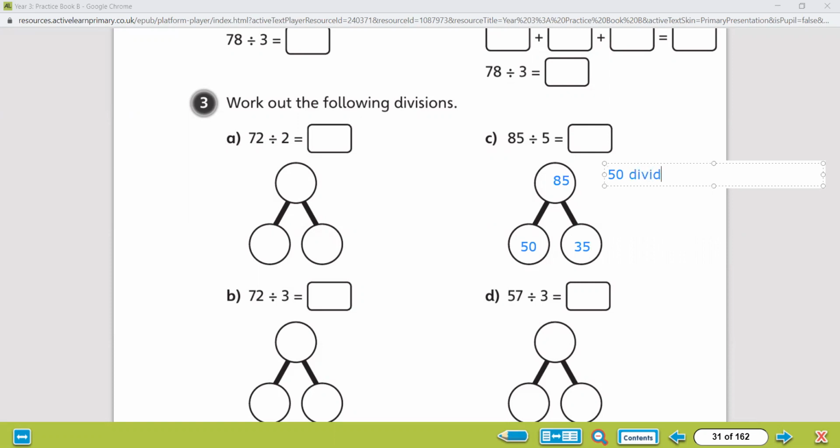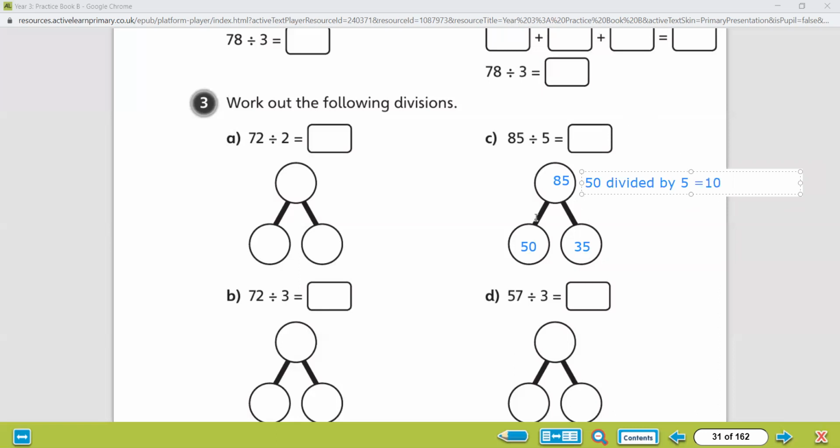I'll put divided by 5 is, I've got to count in 5s to 50. 5, 10, 15, 20, 25, 30, 35, 40, 45, 50. We all know that. Right, so I'll put equals 10.